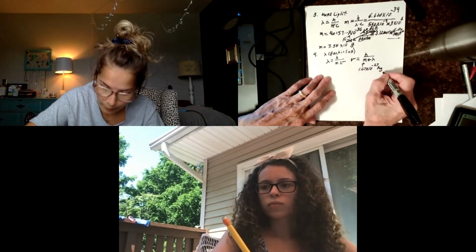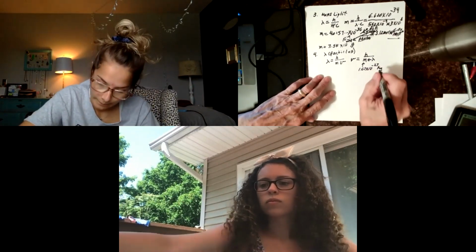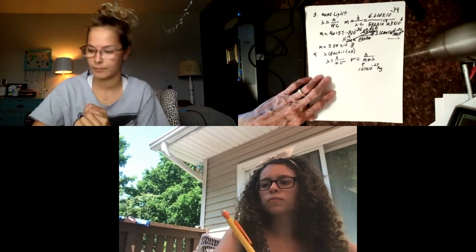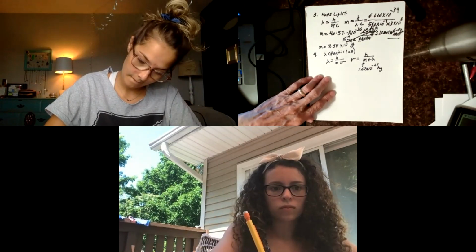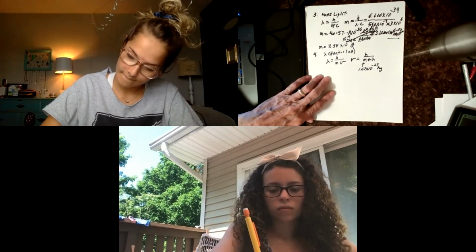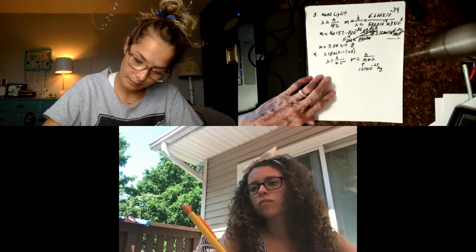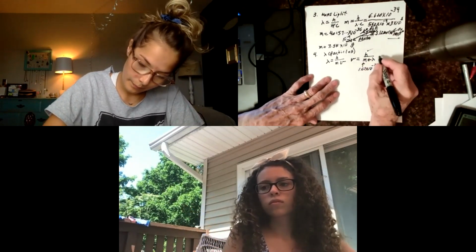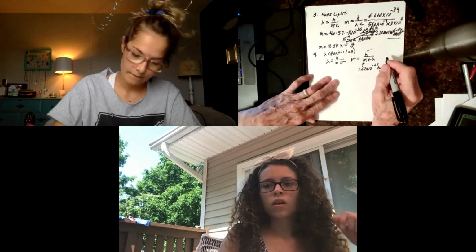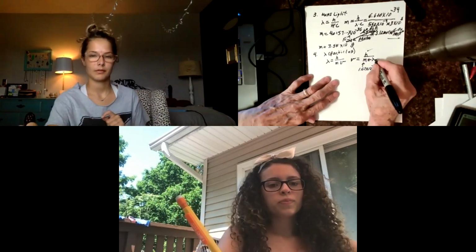So that's okay. Mass is supposed to be in kilograms. Now, if I had been given the mass in grams, and that's probably what you would find in the back of your book if you looked up the mass of a neutron, probably would be in grams, I'm guessing. Might not be, I don't know. I know Planck's constant. I want the wavelength to be 100 times the diameter of the neutron.